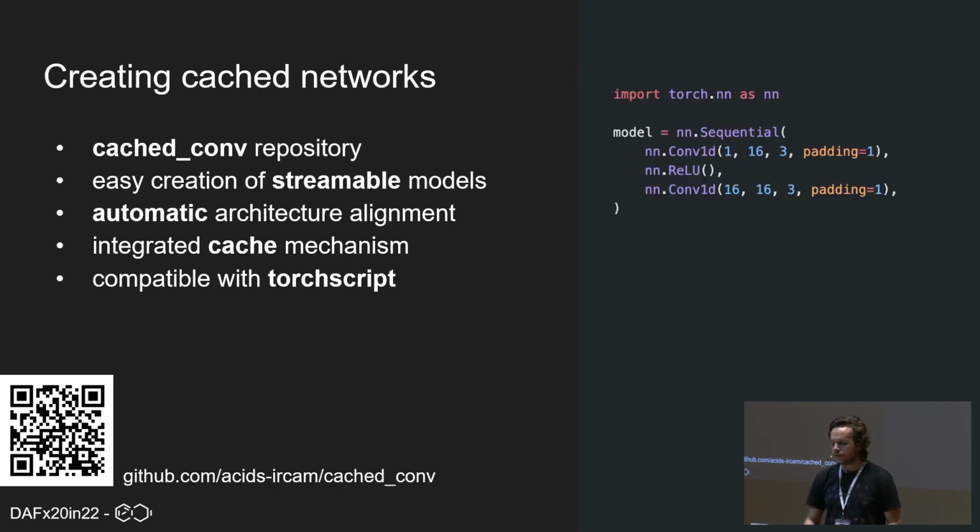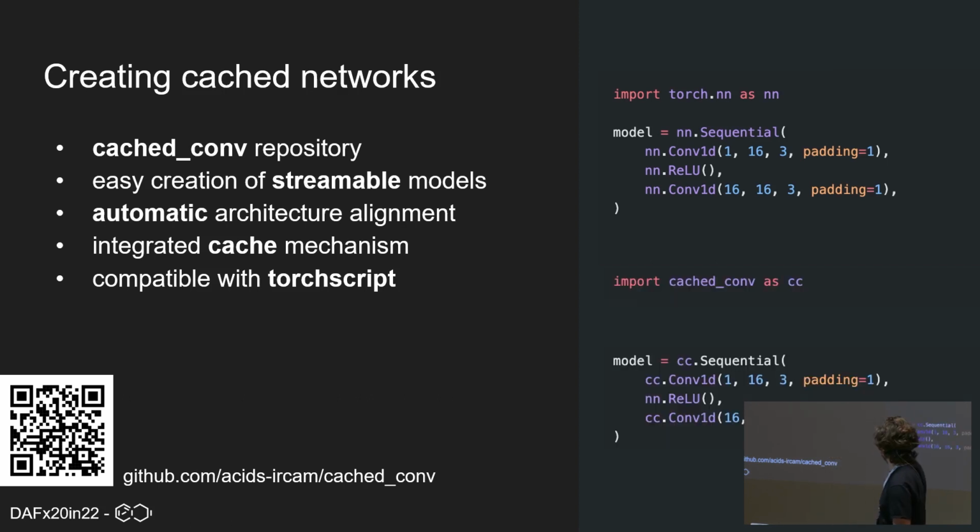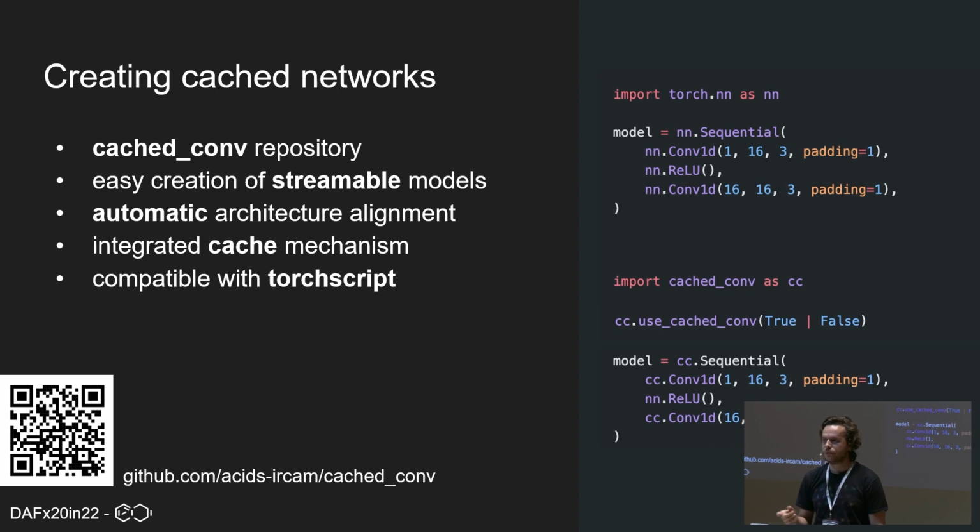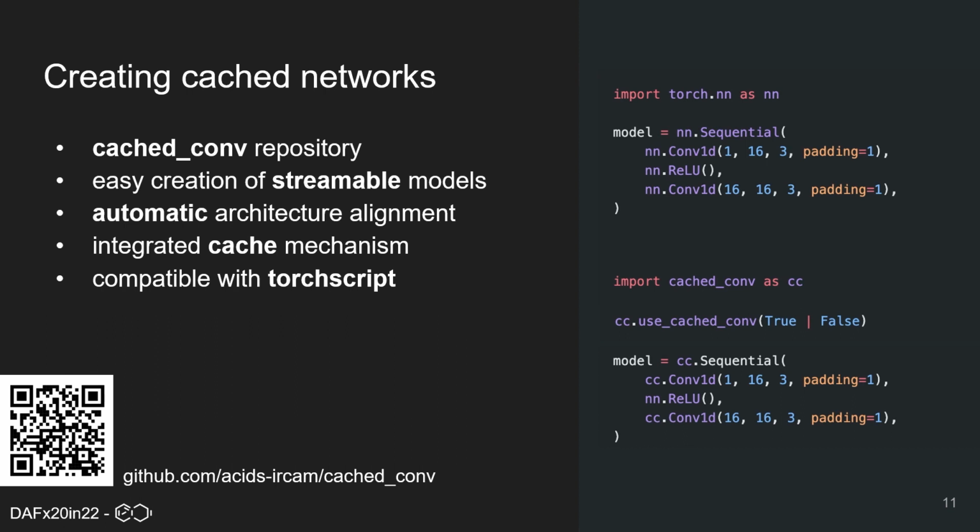If you want to take a very simple model such as this one, which is simply a concatenation of two convolutional layers, you can switch that model to a streamable one simply by switching from torch.nn to Cacheconf as cc and replacing nn.Conv with cc.Conv. And by simply setting a flag to true or false, you're going to enable the reconfiguration and cache padding mechanism so that it's able to process streams.